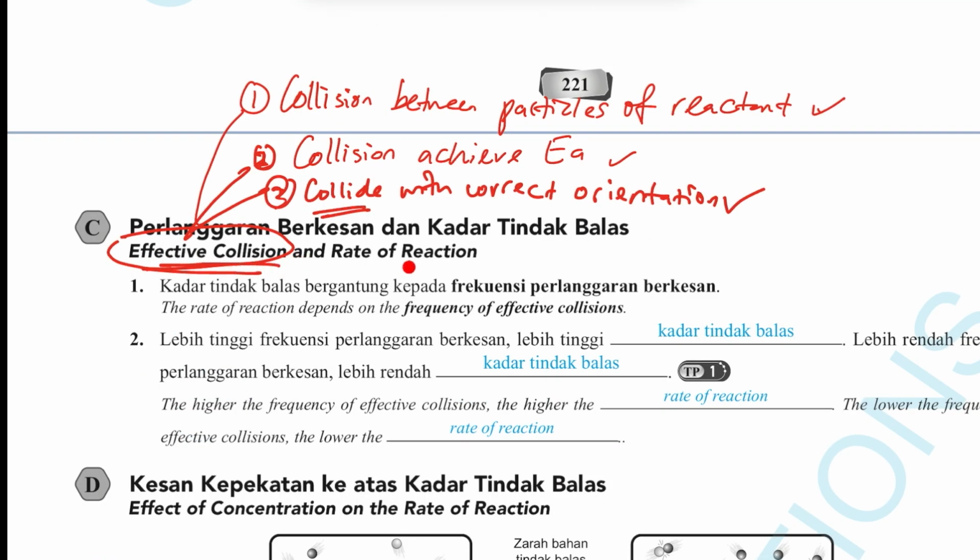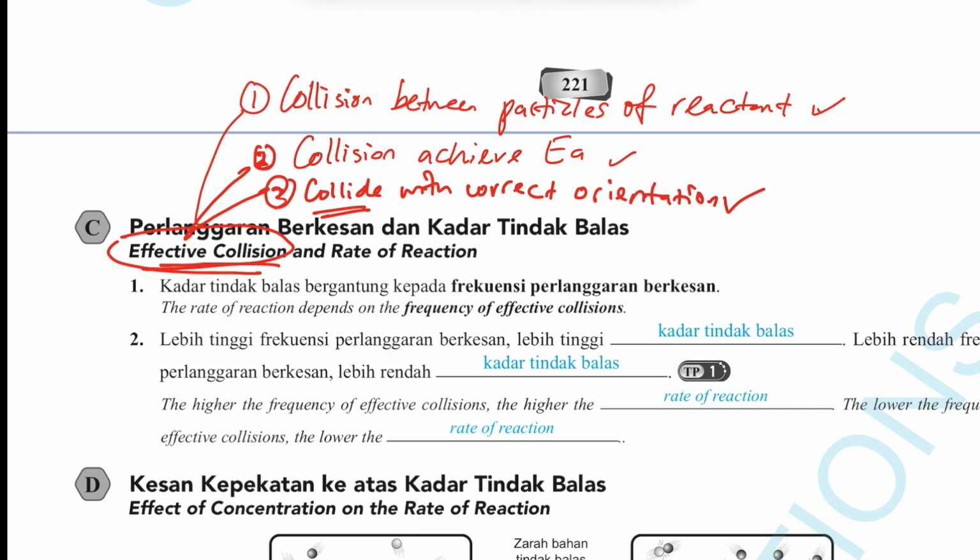Effective collision and rate of reaction. For effective collision, it needs three conditions to occur. Collision between particles of reactant, collision achieves EA, and the particles collide with correct orientation. So the rate of reaction depends on the frequency of effective collision.